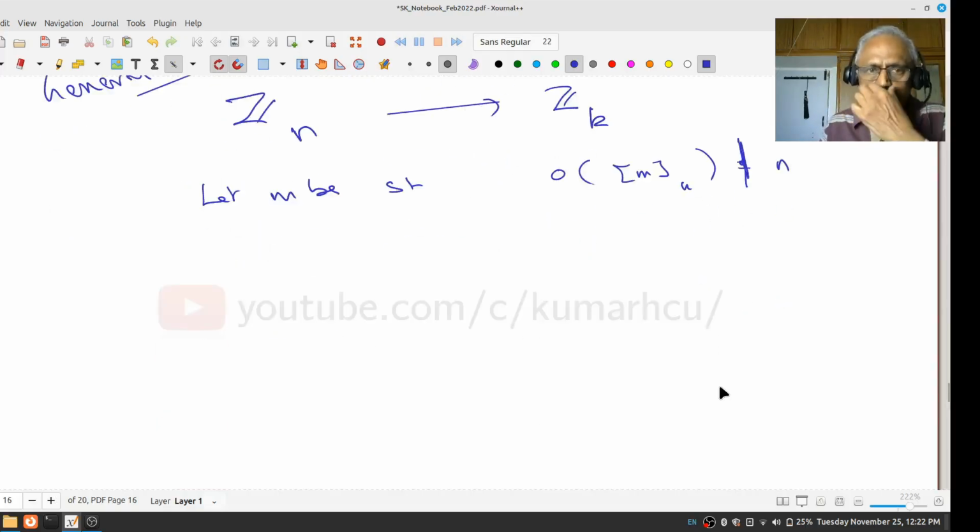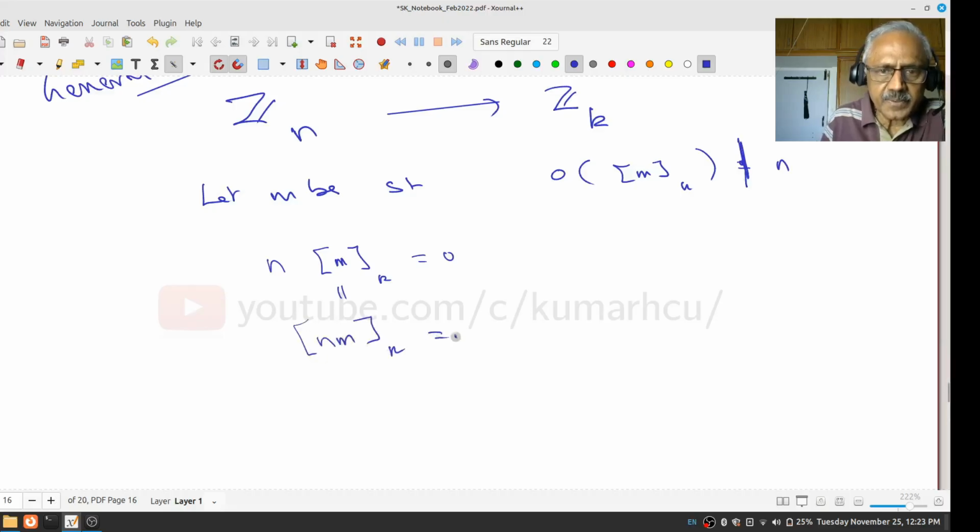Okay, now what does that mean? Remember that means n times m in Zk must be 0, but n times m is the same as nm in Zk is 0. That means nm is congruent to 0 mod k. That is, k must be a divisor of nm.